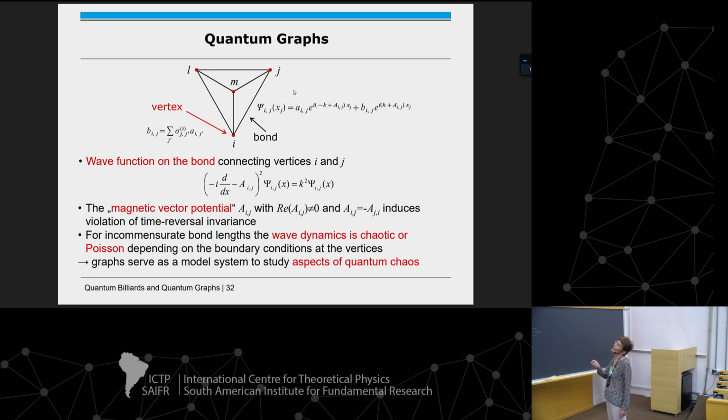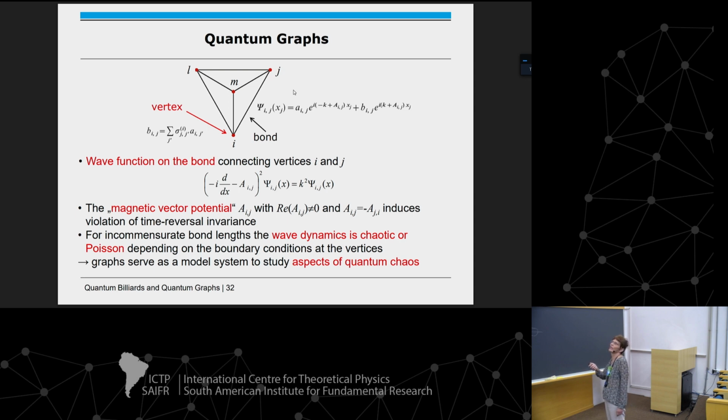So it's given by one-dimensional waves going back and forth. And you have coefficients, and these coefficients are determined by a scattering matrix, which gives a prescription on how the wave function continues when reaching one of those vertices.